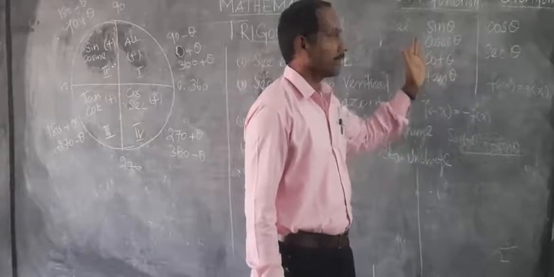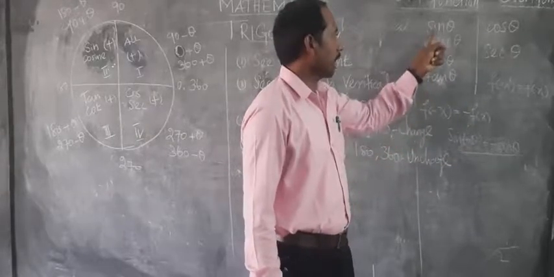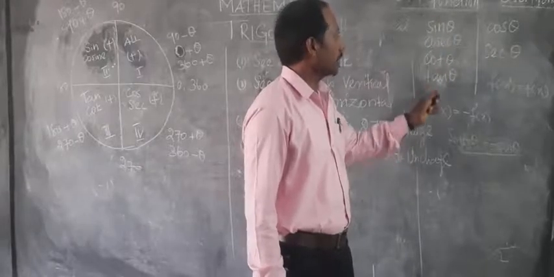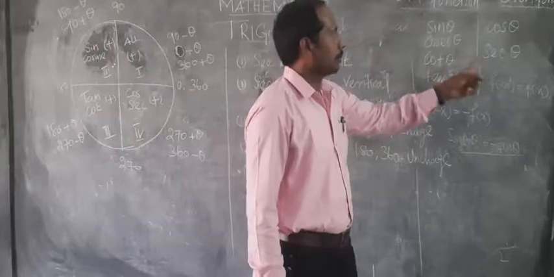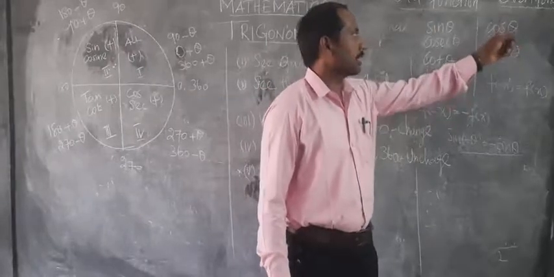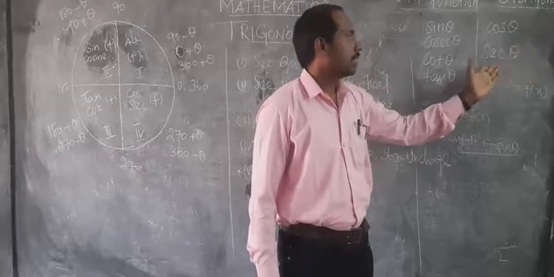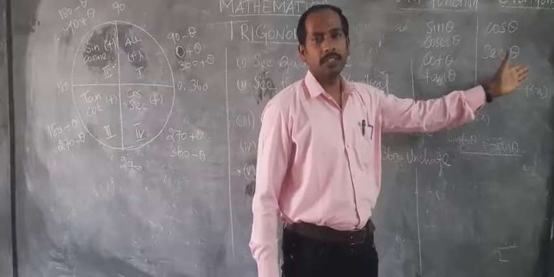In the trigonometry identities, sin, cosecant, cot, tan are all odd functions. But cos theta and secant theta are even functions. Cos of minus theta equals cos theta, secant of minus theta equals secant theta.